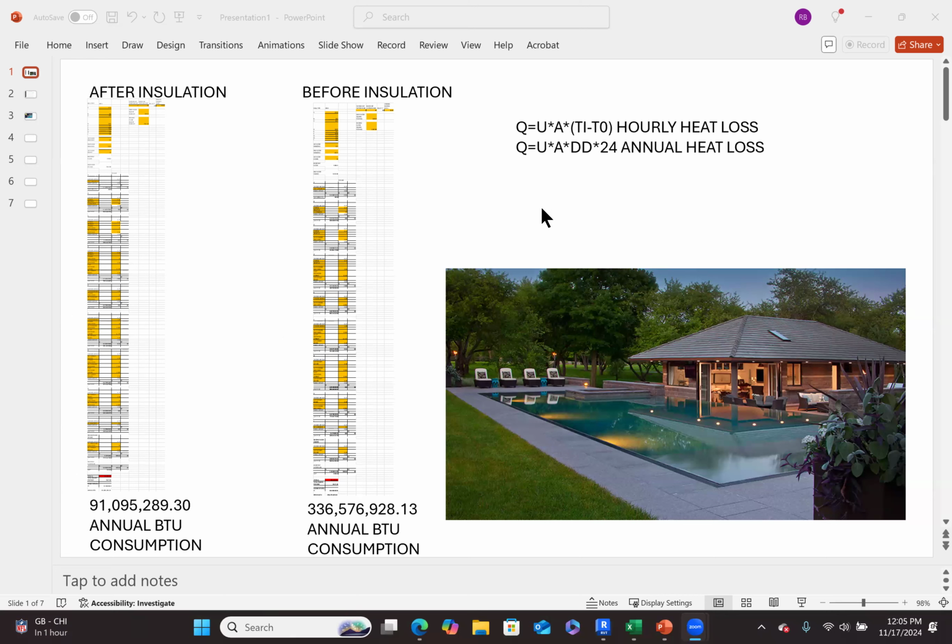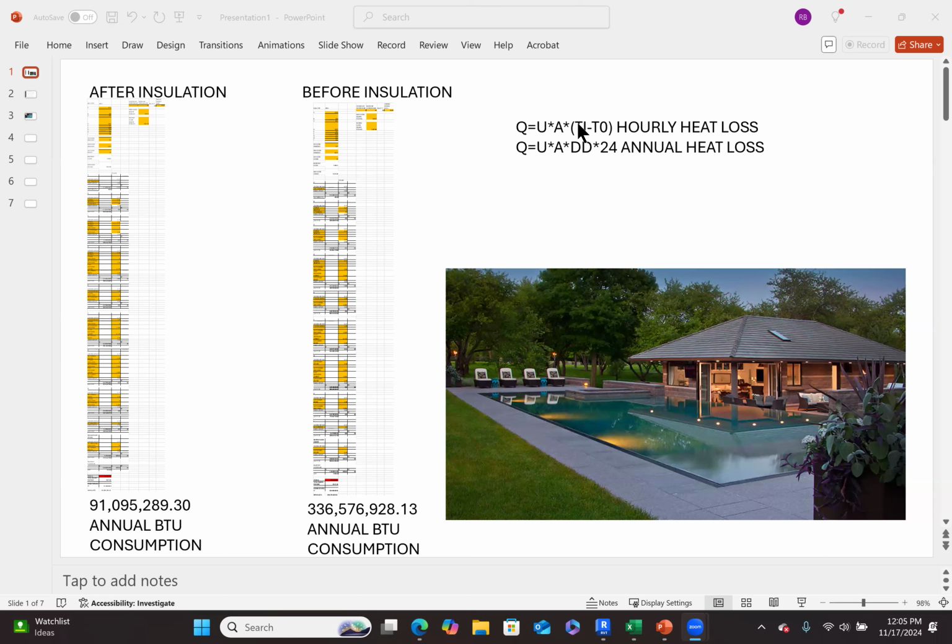So there are some formulas for that that I used, and Q is the total BTU heat loss, which equals U, which is the reciprocal of R, 1 over R, R being the total insulating value or the resistance to the transfer of heat, times the area times the change in temperature for an hourly heat loss.